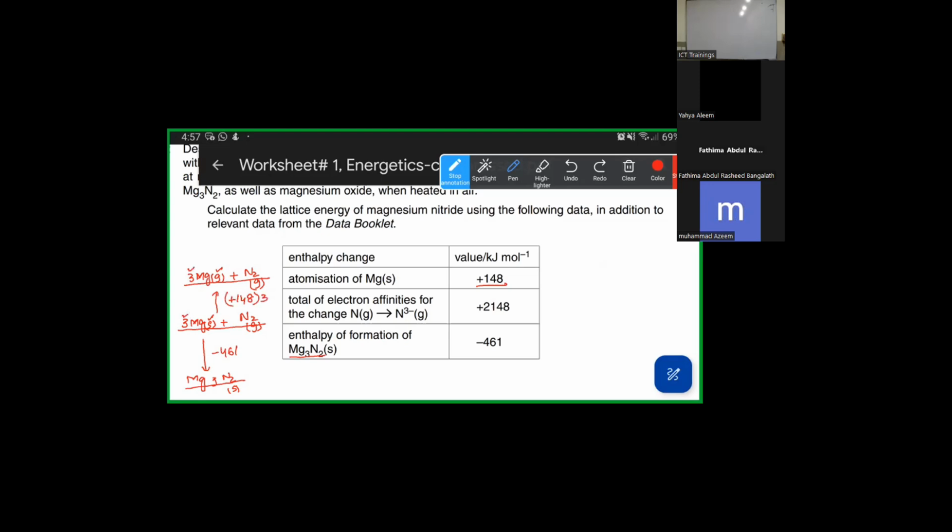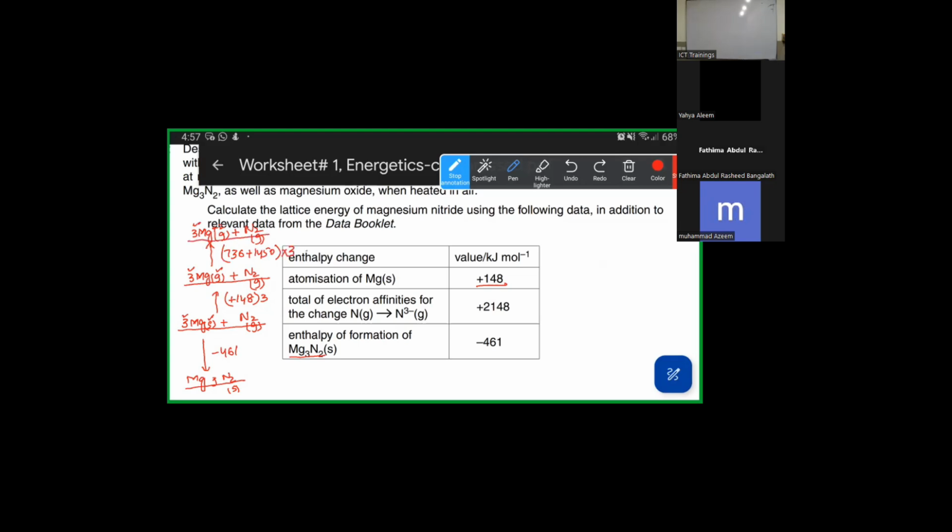Now the next thing, this Mg got plus 2 charge. So change this one into 3 Mg plus 2 gaseous form and write N2 as it is. So this is the sum of first and second ionization energy. So what are these? 736 and plus 1450. Yes. But we got 3 magnesium atoms up here, so we should multiply it with 3.